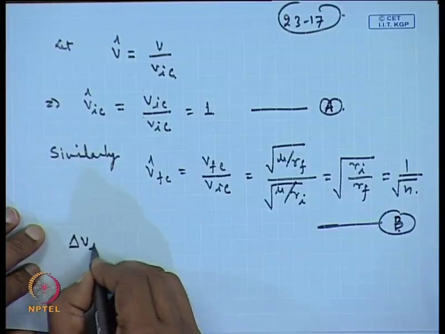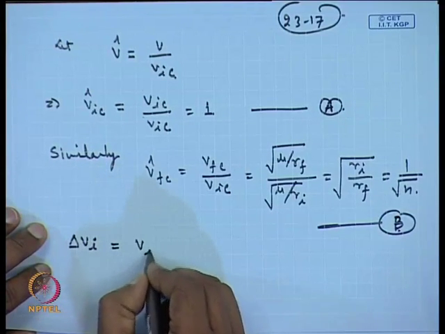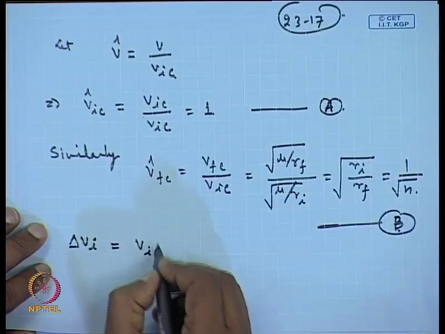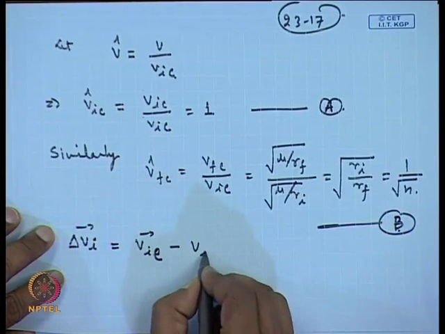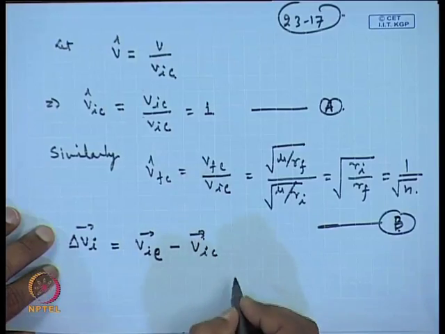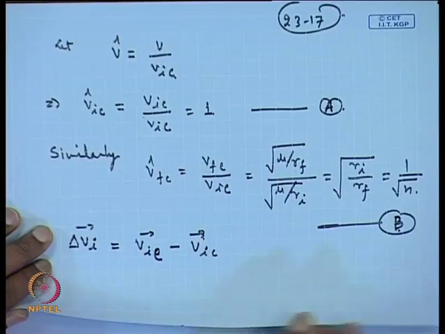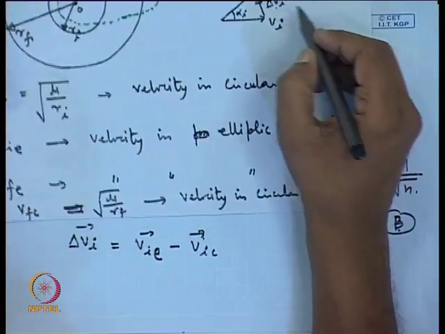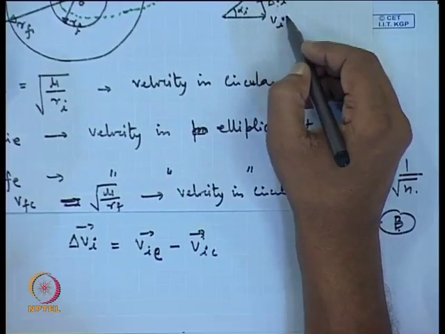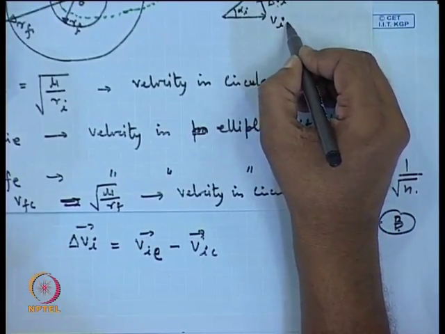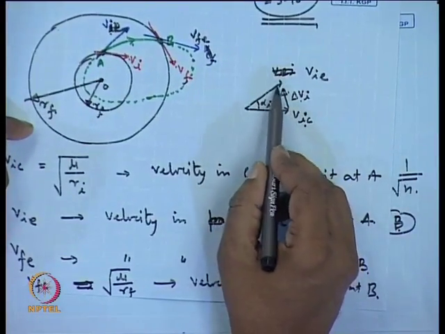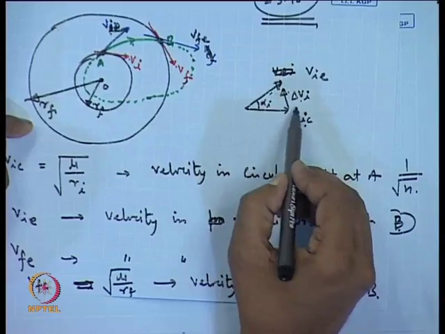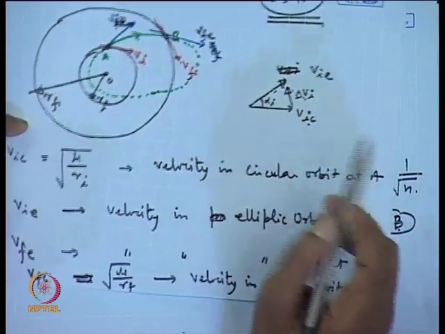And therefore, delta V I will be equal to V I E minus V I C. So, from this figure, this is the velocity in the circular orbit V I C, and this is the velocity in the elliptical orbit, and this is the delta V I, alpha I is the angle between them.